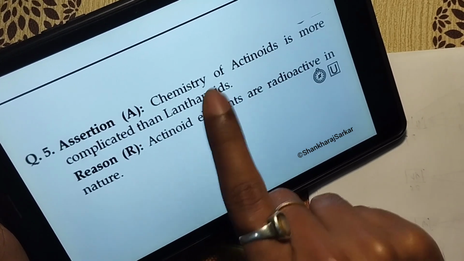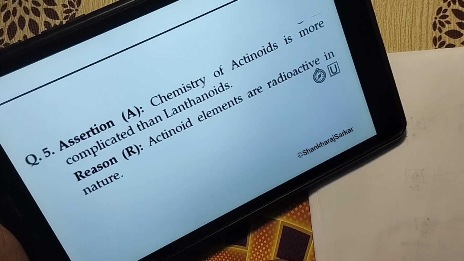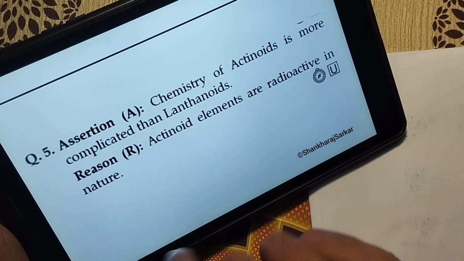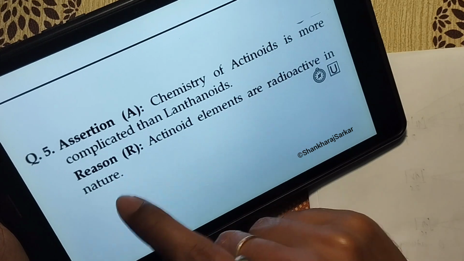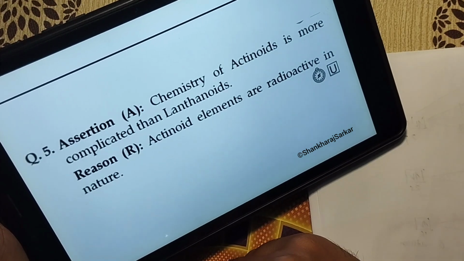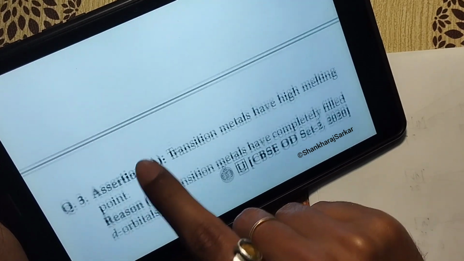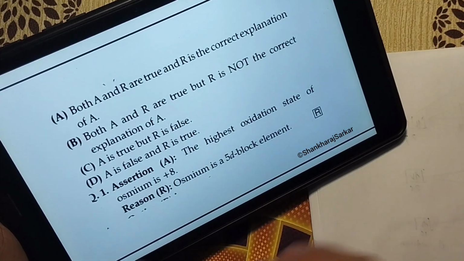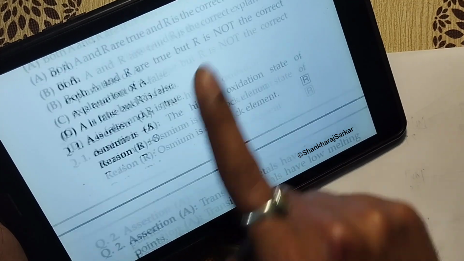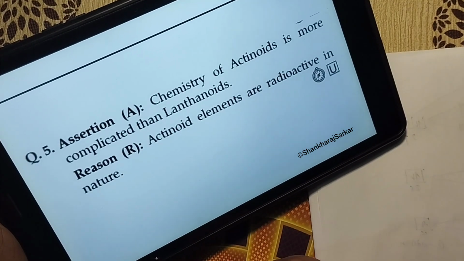Actinoids are very complicated as compared to lanthanoids, and actinoid elements are mostly radioactive. That is also correct, but the reason is not the correct explanation for the assertion. So obviously option B will be the correct option. Both A and R are true, but the reason is not the correct explanation for the assertion. So this is how you will attempt the questions.